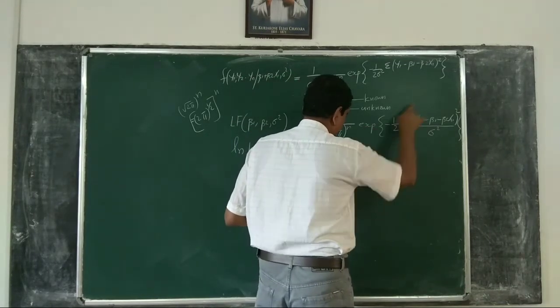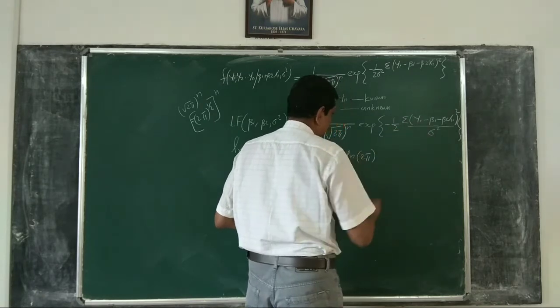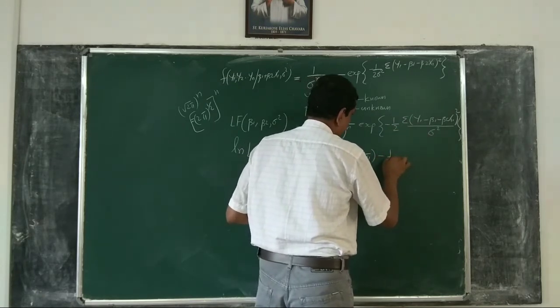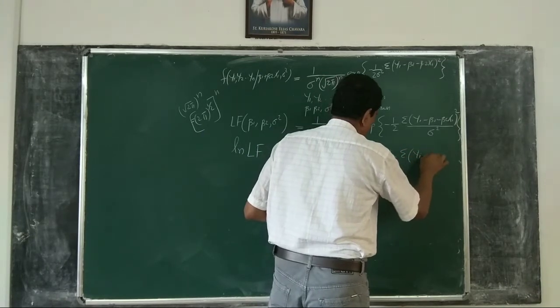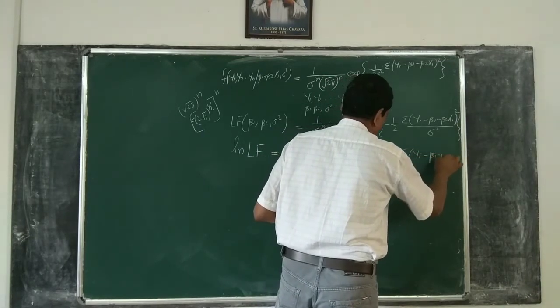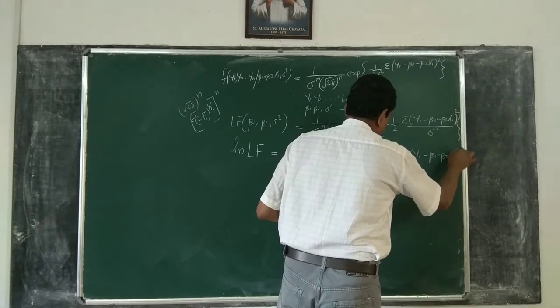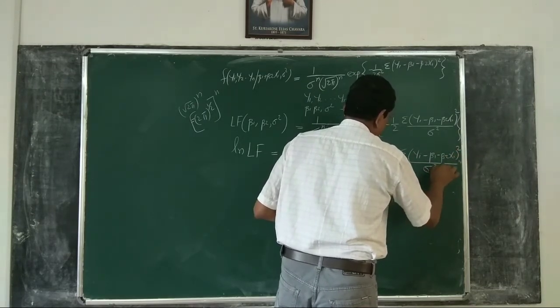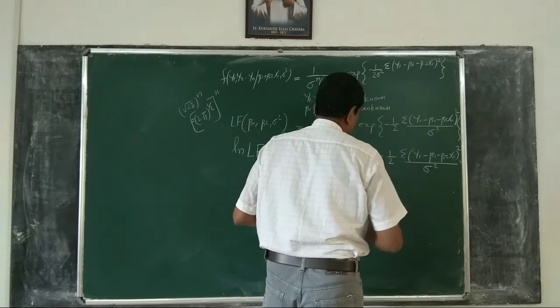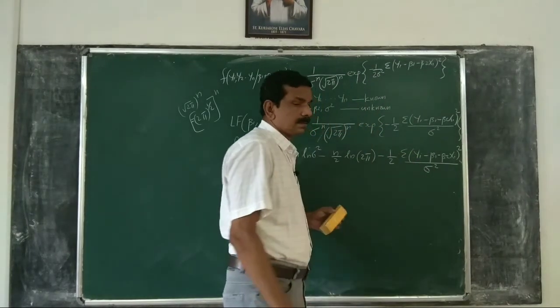Then ln of e raised to this quantity is the same as minus 1 by 2 sigma square into the sum of yi minus beta 1 minus beta 2 xi whole square.